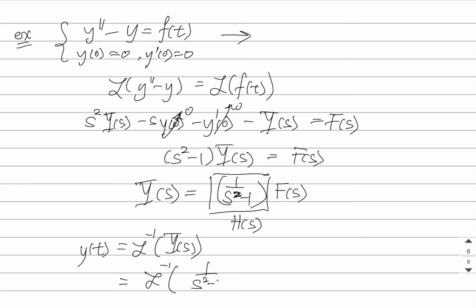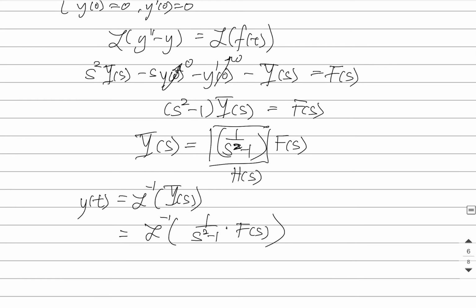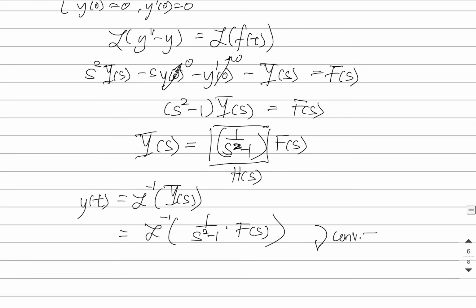We've got the inverse transform of this product, and this is where the convolution theorem kicks in, and it says you can write the solution here as an integral from 0 to t, and it will be related to these two things. Even before I go on, a better way to write this would be to say it would be the inverse Laplace transform of that expression convolved with this thing here.